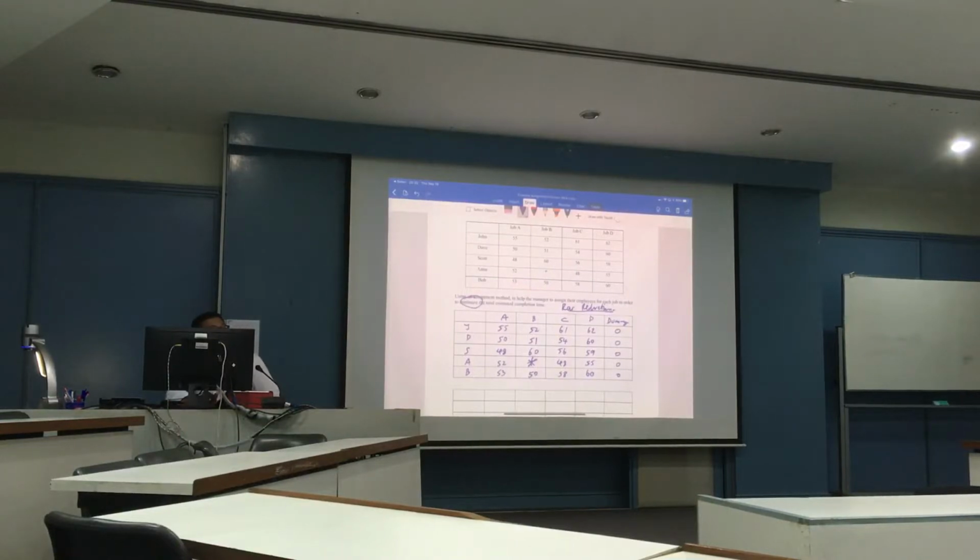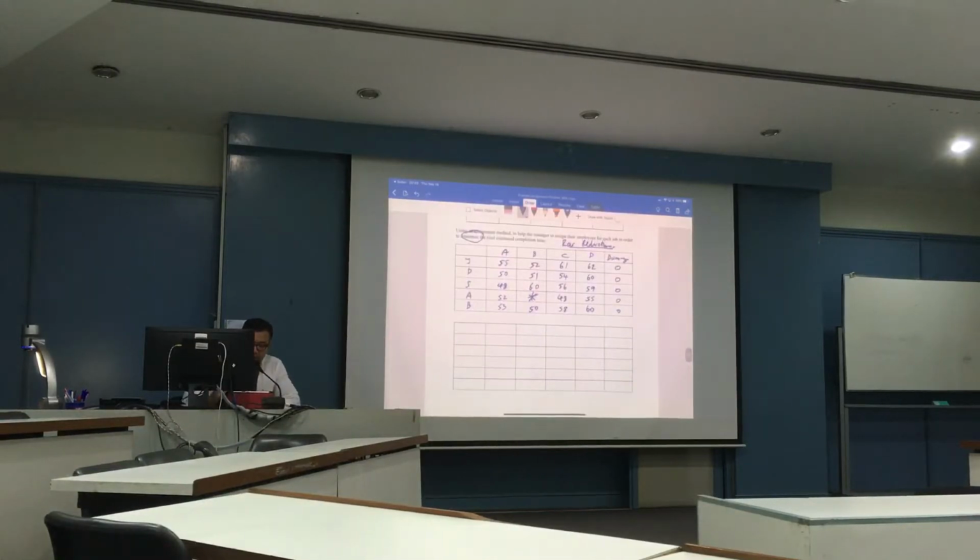Because 0 is the lowest one for each row. We add the dummy column, but it becomes a row reduction as well because the lowest value for each row is 0. Next, we're going to do column reduction.